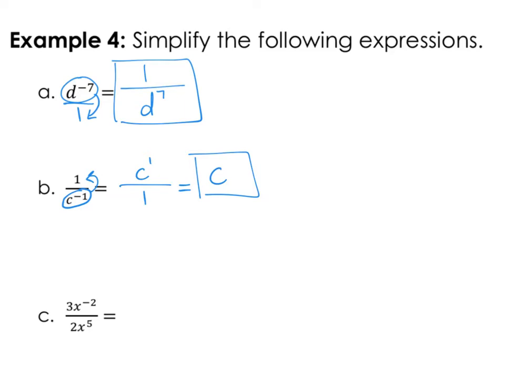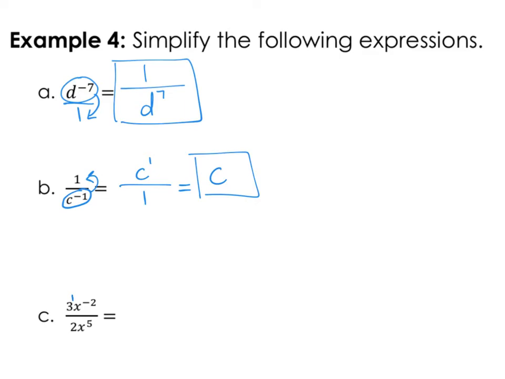Alrighty, let's look at this last example. So we have 3x to the negative 2 divided by 2x to the positive 5. So we need to fix the thing with the negative exponent. Now, a lot of people think, oh, I need to move the 3x to the negative 2. But that 3 has an exponent of a positive 1.